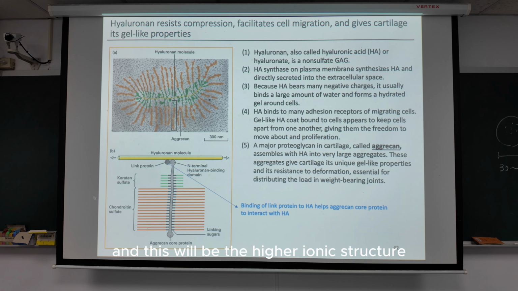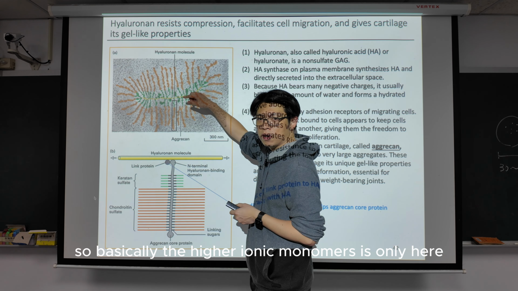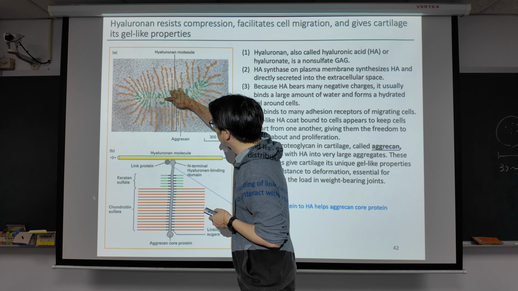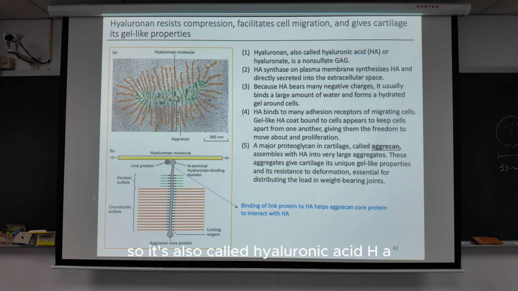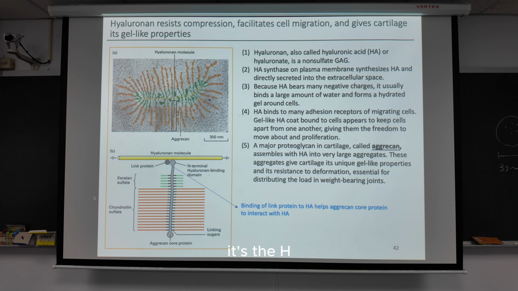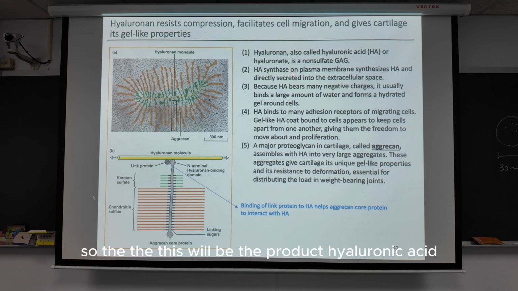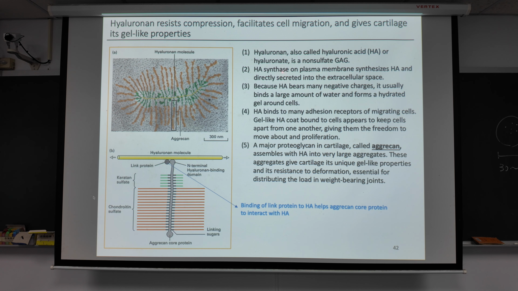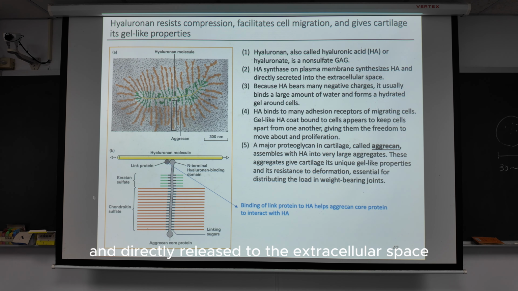And this will be the hyaluronic structure. Basically, the hyaluronic molecule is only here, the yellow one, right here. It's also called hyaluronic acid, HA. HA is mainly synthesized at the plasma membrane by the protein hyaluronic acid synthase, which synthesizes HA and directly releases it to the extracellular space.